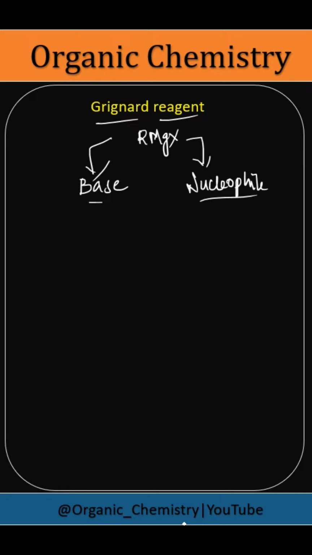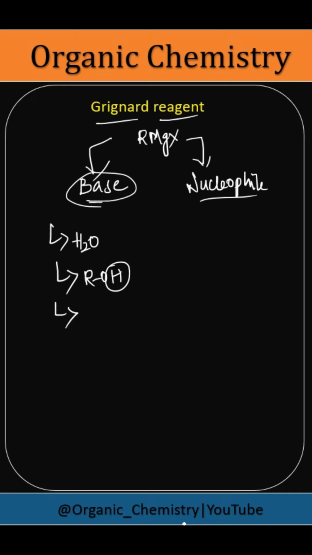Let's say, for example, if it encounters any acidic hydrogen, an acidic proton, then it acts like a base and it abstracts that hydrogen. For example, when this Grignard reagent reacts with water, we have this acidic proton, and it will abstract this hydrogen. In the case of alcohol also, ROH, this is an acidic proton, right?